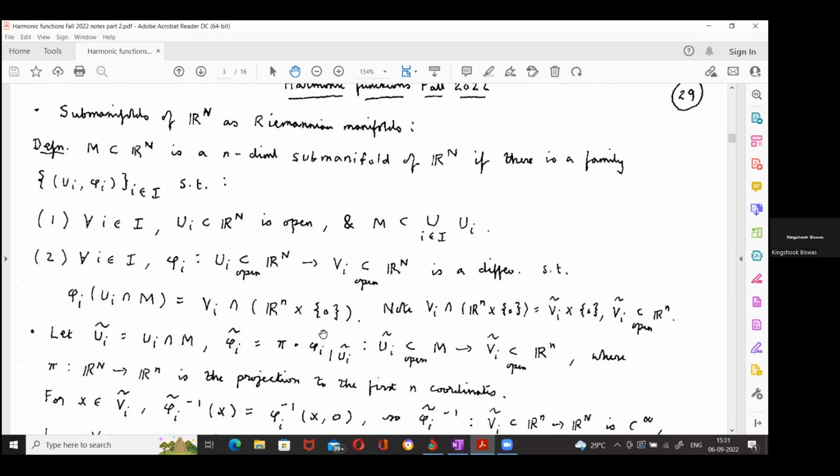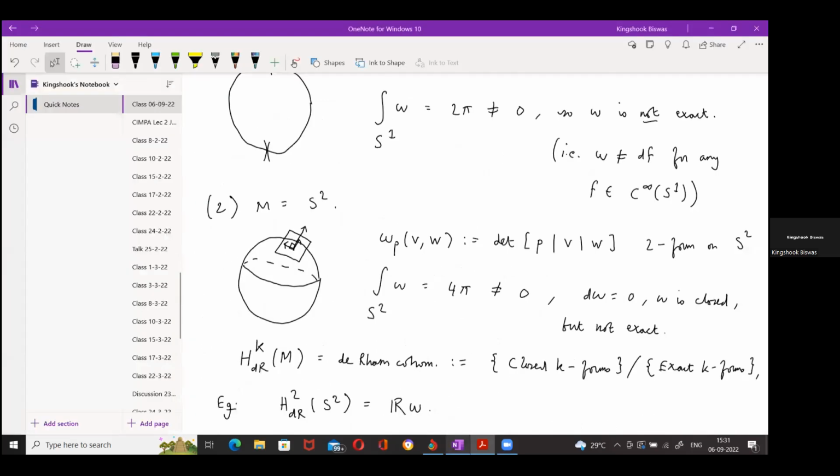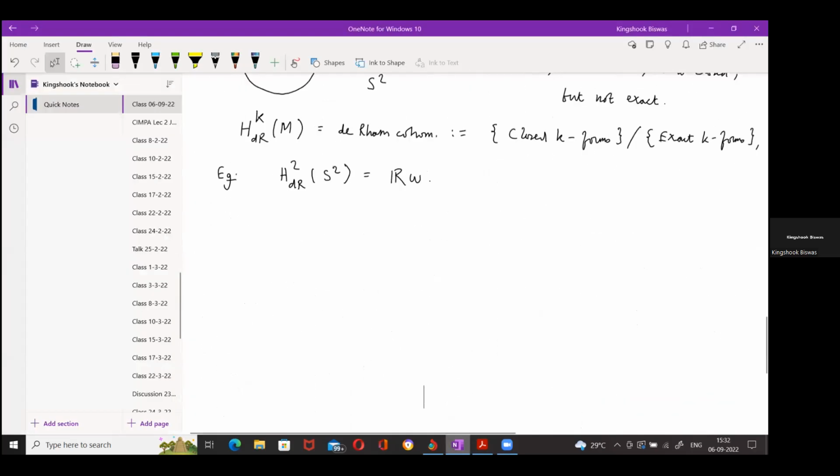Maybe I should draw you a picture. For example, S^2 is a two-dimensional submanifold of R^3.